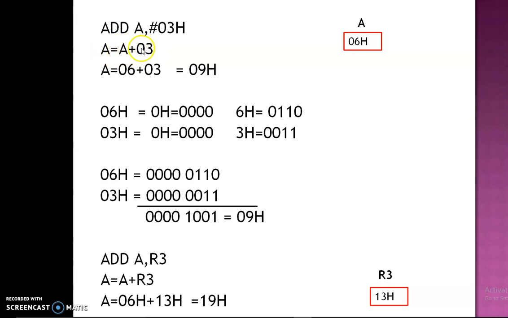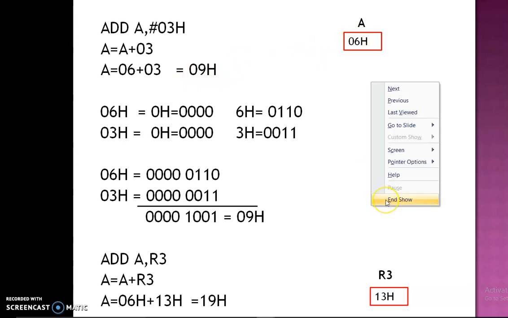So A is equal to A plus 03. Here you can take any data in the accumulator. Let us take the accumulator having 06H. Then A is equal to 06 plus 03 is equal to 09. So the result will be 09, meaning the accumulator is having 09 as a result.